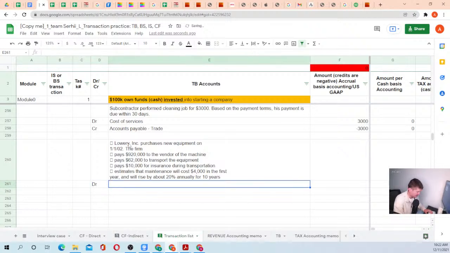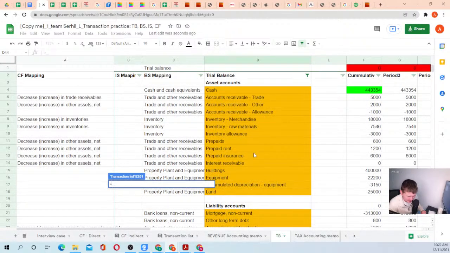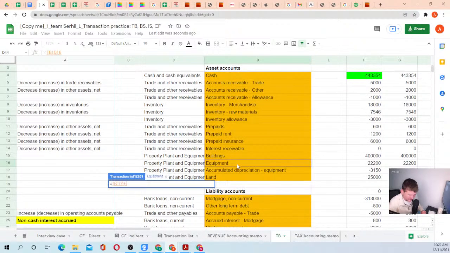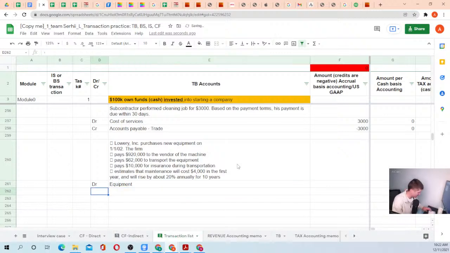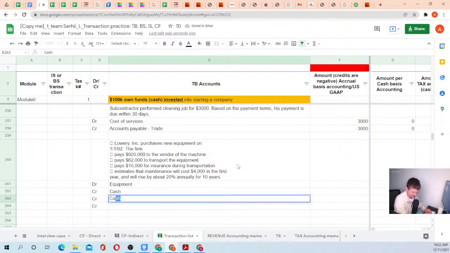Okay, so debit, property, plant and equipment. I'm taking the accounts from here, so that will be just equipment. Credit, credit, credit. Okay, vendor of the machine. Depending on the situation, whether we already paid these values, it will be cash.